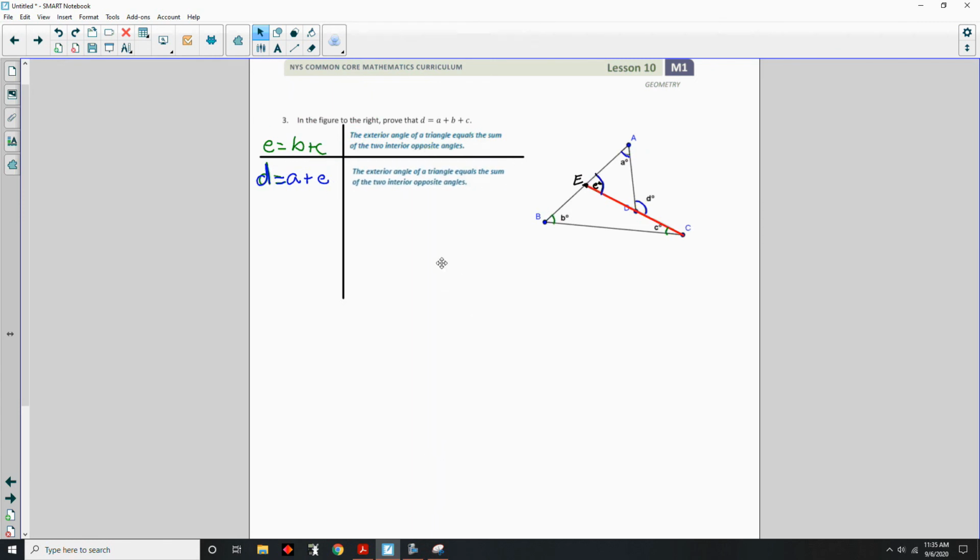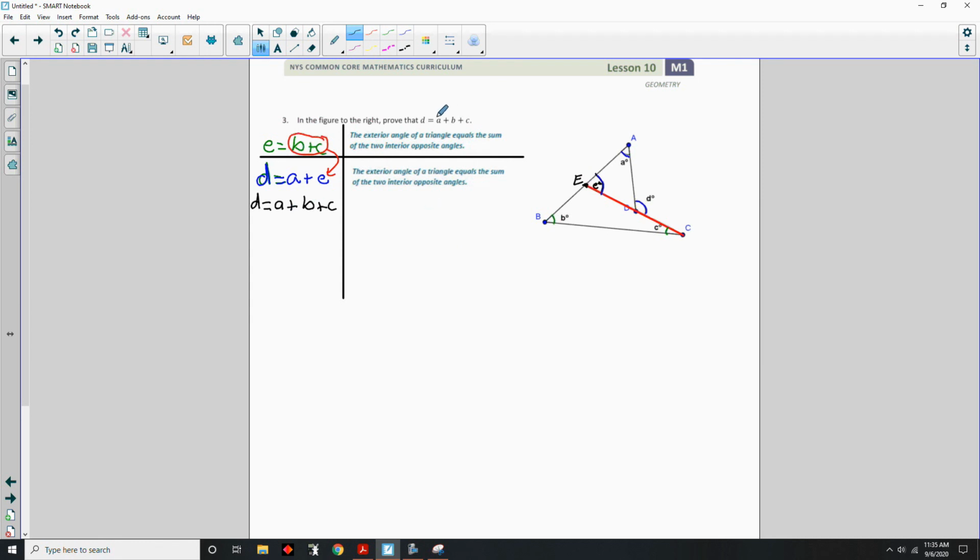Okay? What are we trying to prove? D is equal to A plus B plus C. Okay, I see it already. What is E equal to? E is equal to B plus C. So can't I substitute that in for E? You betcha. So now I can say D is equal to A plus E, which is B plus C. How cool was that?